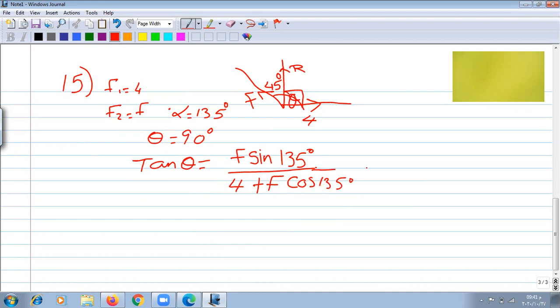We know that theta equals 90, so tan 90 equals 1 over 0, as we said before.